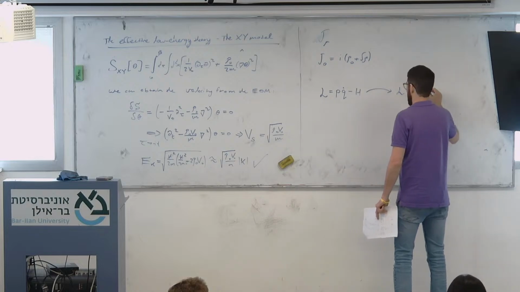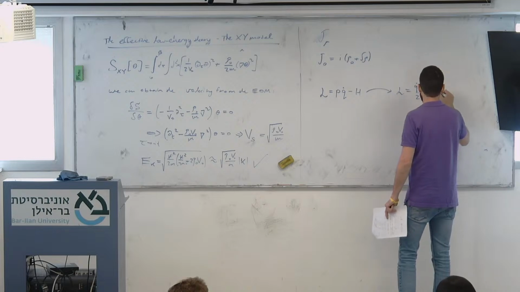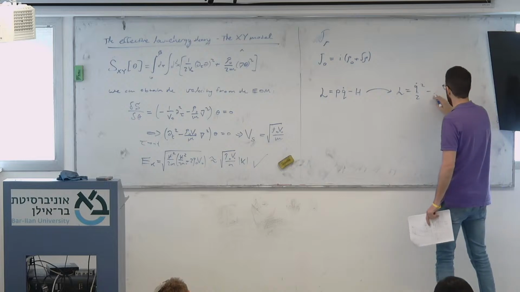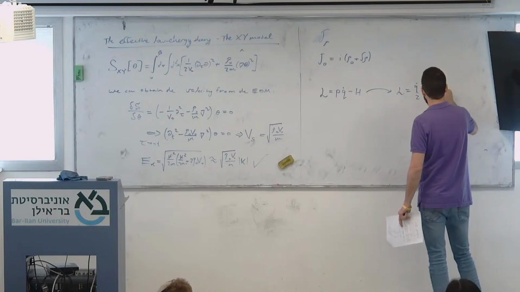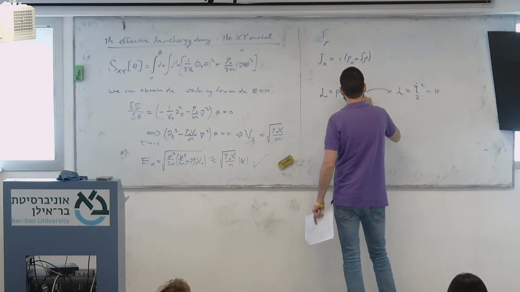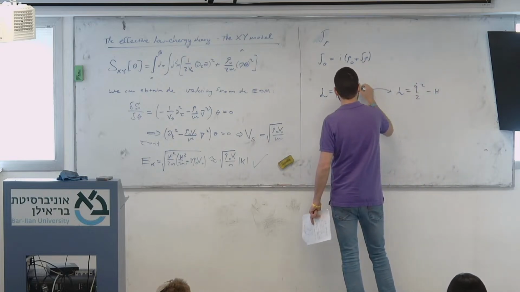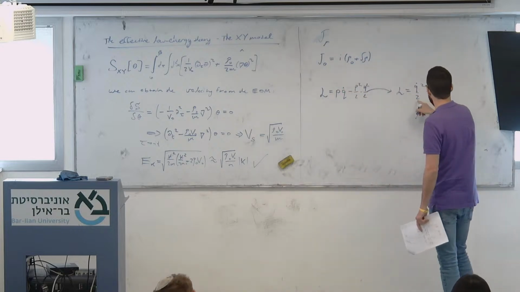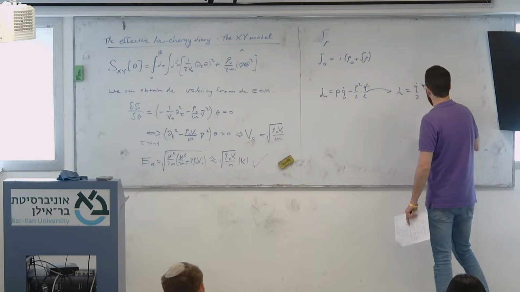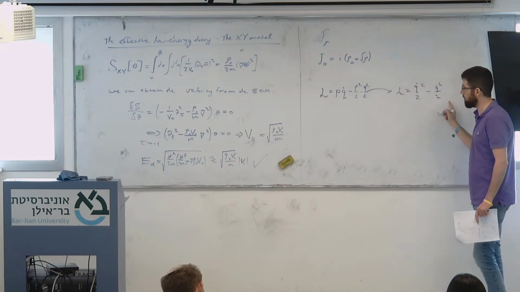over 2 maybe, minus H. Maybe we can write something like P squared over 2M minus Q squared over 2. Let's write it like this. So this is like the harmonic oscillator.